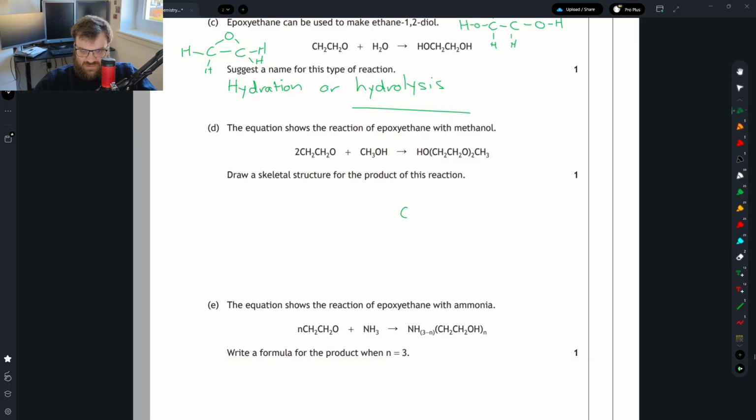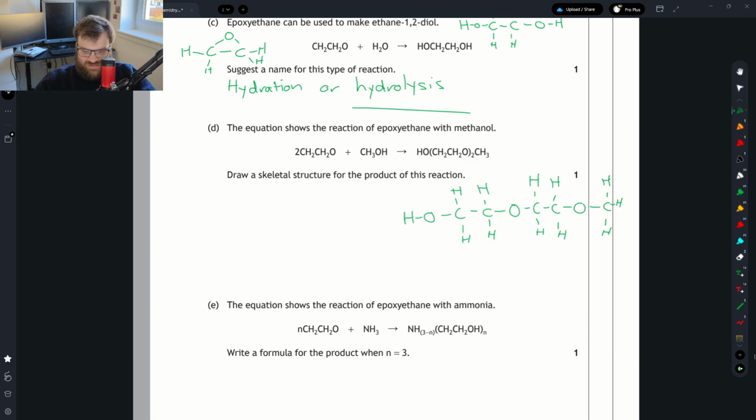Right, so the OH attached to CH2 to CH2 to O, and just go again, maybe? So CCO. The CH3 has to be on the end because that's the only way you can get 3 hydrogens on it.